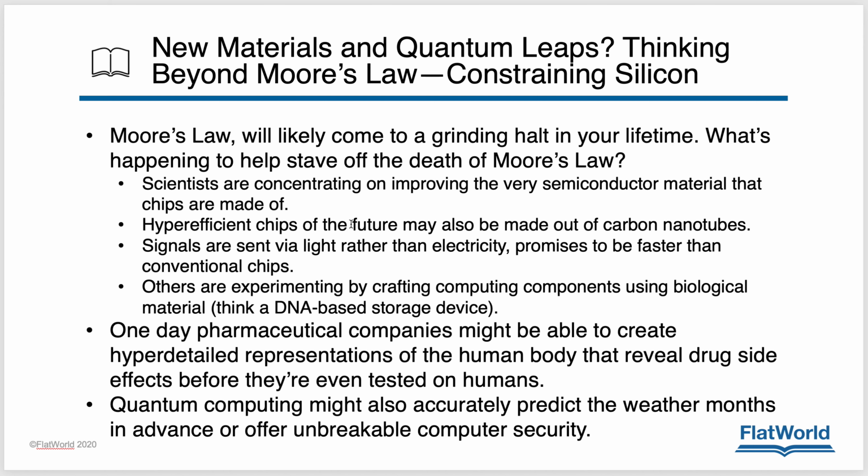Quantum computing might also predict weather months in advance or offer unbreakable computer security. Let's see how unbreakable it is. But that's for coding. Right now, encryption has gotten crazy. Why do you need secret codes now?